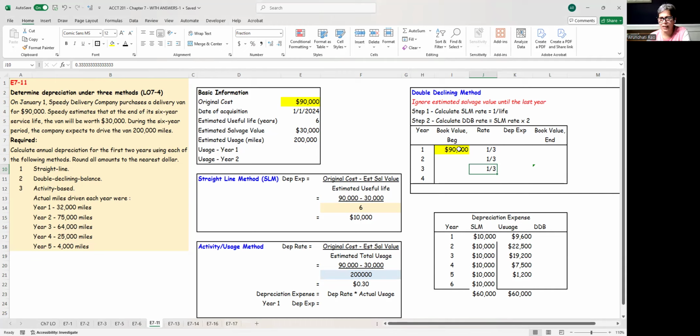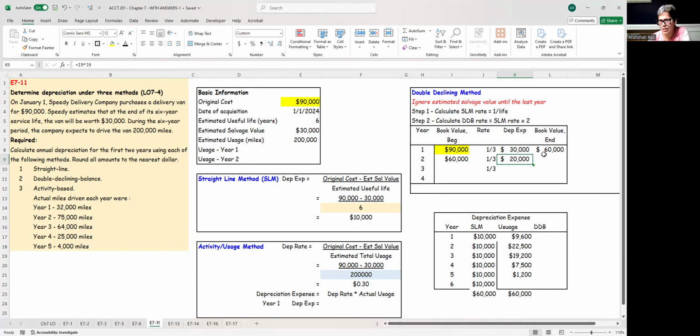So here's how I'm going to calculate on the declining balance. I start out with the original cost. 1/3 is depreciated in the first year. That's going to be 30,000. The book value of the asset is original cost minus accumulated depreciation. So far, I've depreciated the asset 30,000. The book value is now down to 60,000. Whatever is the ending book value here becomes the beginning book value in the second year. 1/3 of that gets depreciated in the second year.